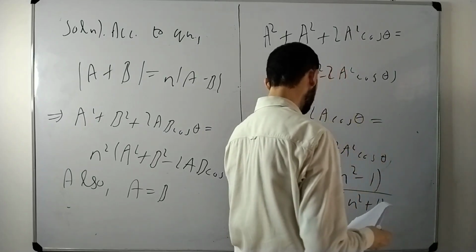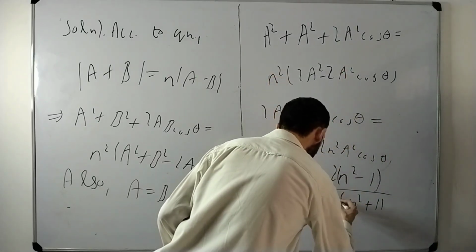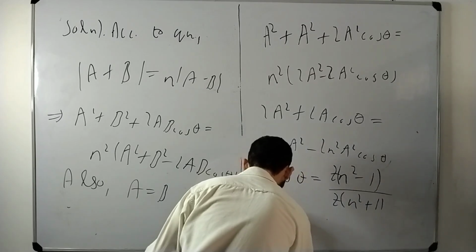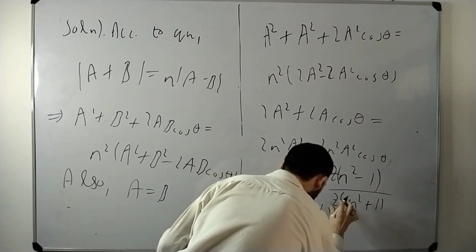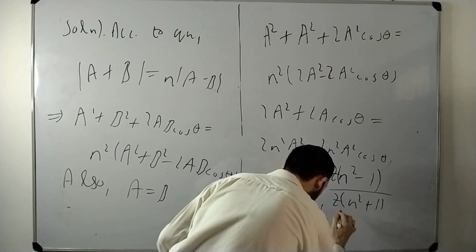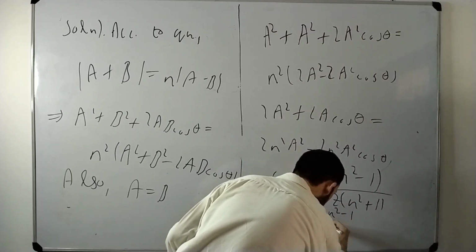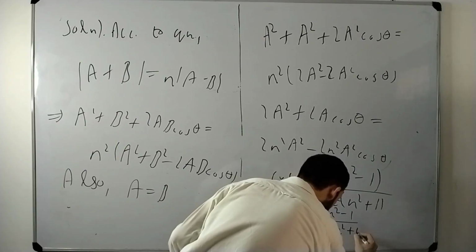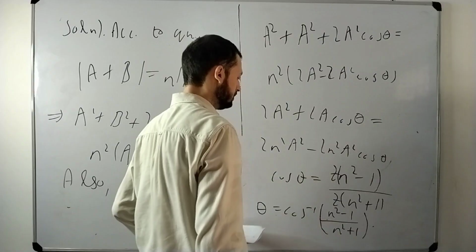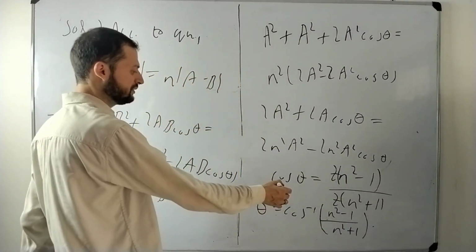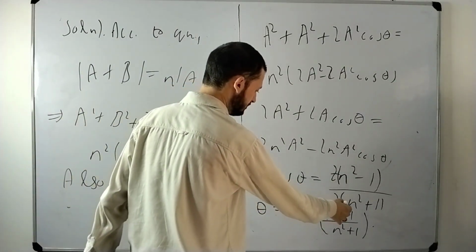Then theta has to be cos inverse of n square minus 1 over n square plus 1. So this was a general case for us.